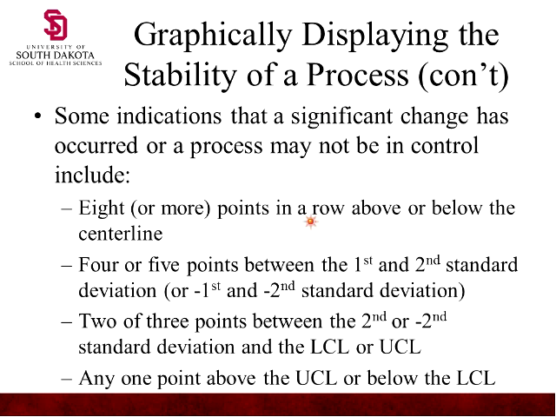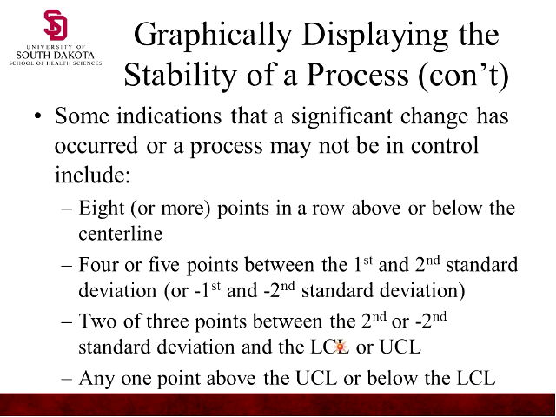So if we made a change and this happens, that tells us the change had effect, or that the process is way out of control. If we have 4 to 5 points between the first and second standard deviations, or between the minus first and second standard deviations, that tells us the same thing. Or if there's two of 3 points beyond the second standard deviation, that would be the positive second standard deviation, and that would be the upper control limit, or the minus second standard deviation, the lower control limit.